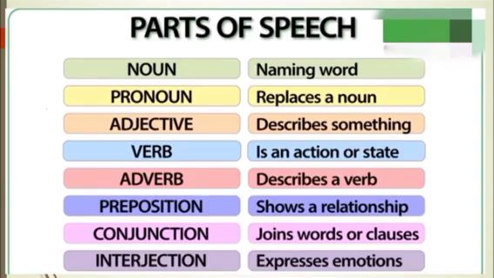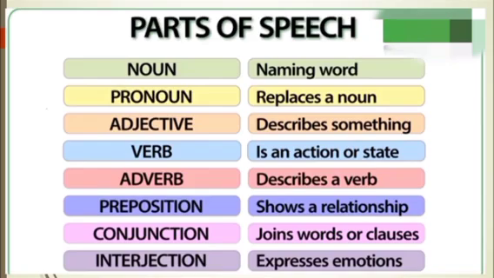In general, a noun is a naming word which is the name of something. A pronoun replaces a noun. An adjective describes something. A verb is an action or state of being. An adverb normally describes a verb or sometimes gives more information about an adjective.